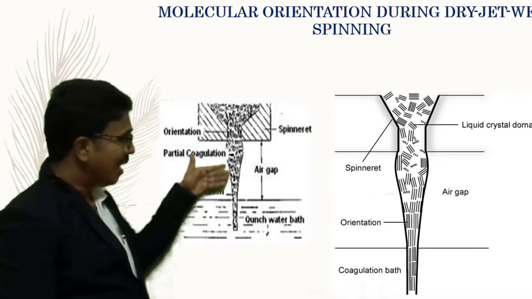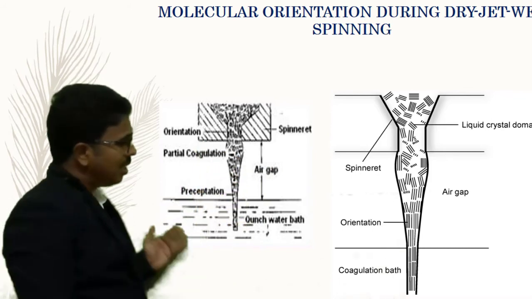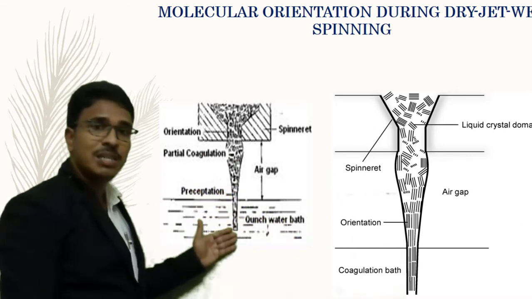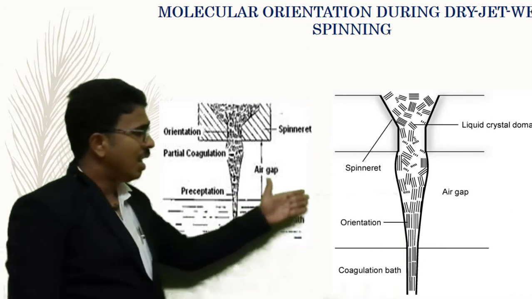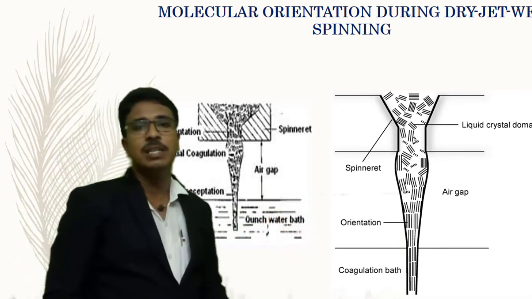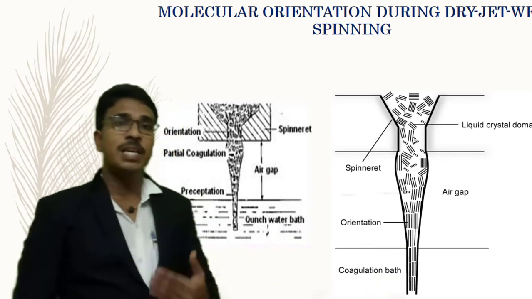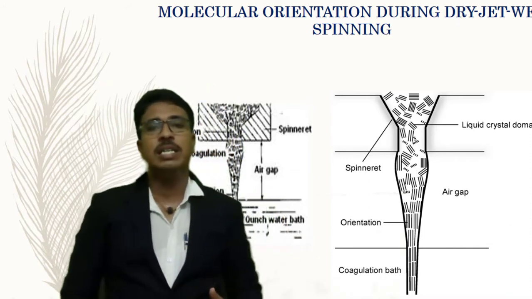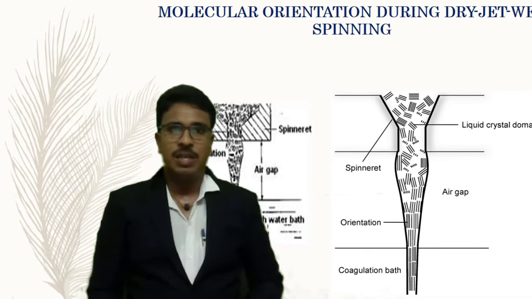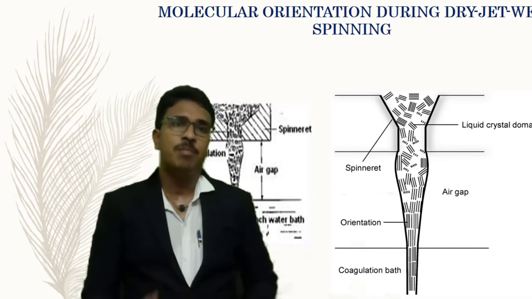Once the air gap is over, this is the coagulation bath. Once it is taken into the coagulation bath, you can see how the orientation of molecules takes place in the dry jet wet spinning process. This entire orientation is what makes the filaments we produce high performance.